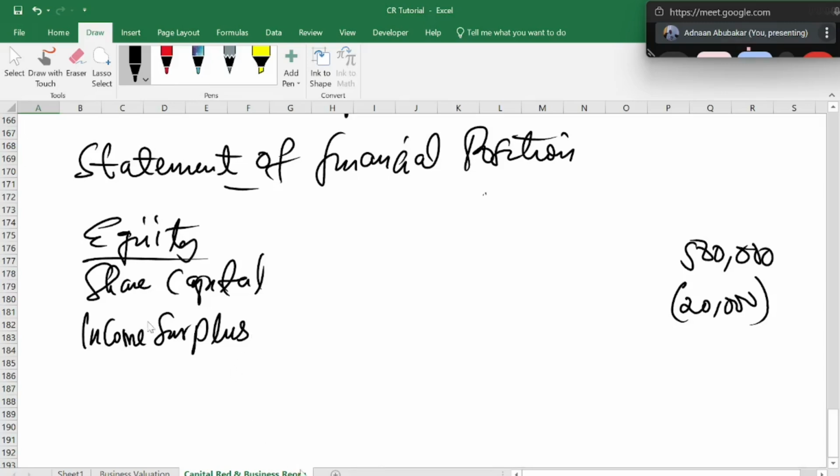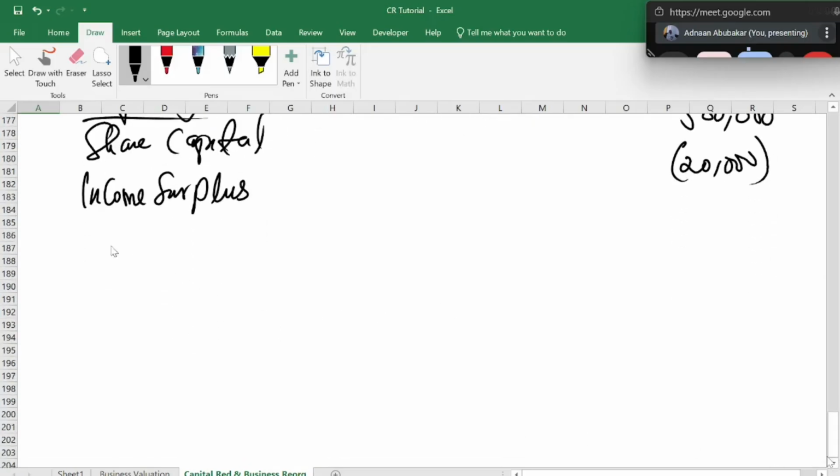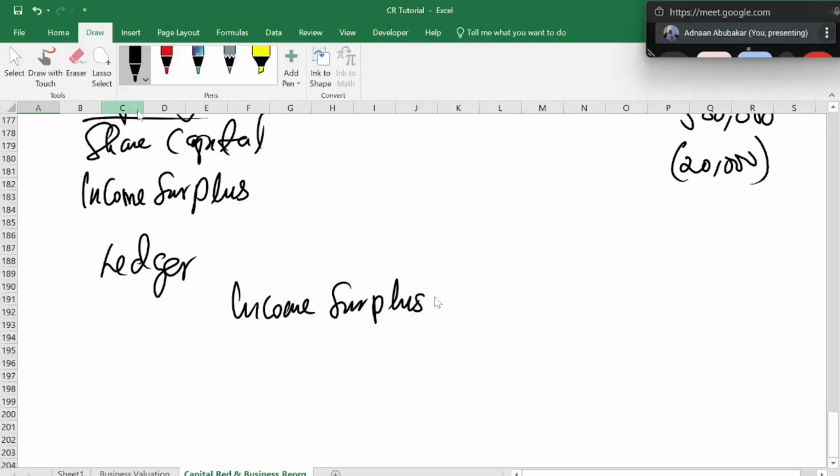Now, that is why we say that the moment you see income surplus like this, all that you have to do is open the ledger account for that. So you will have income surplus account. You have your credit here, you have your debit here.